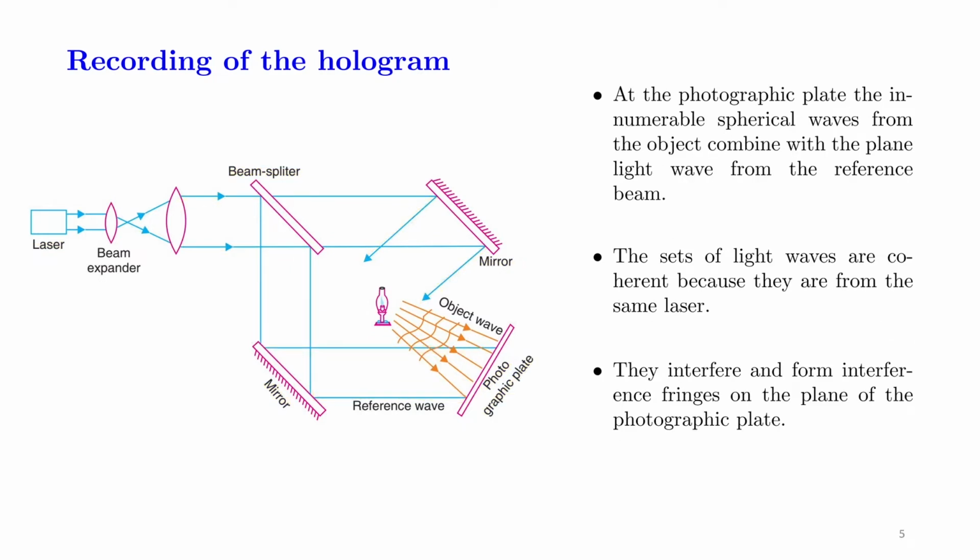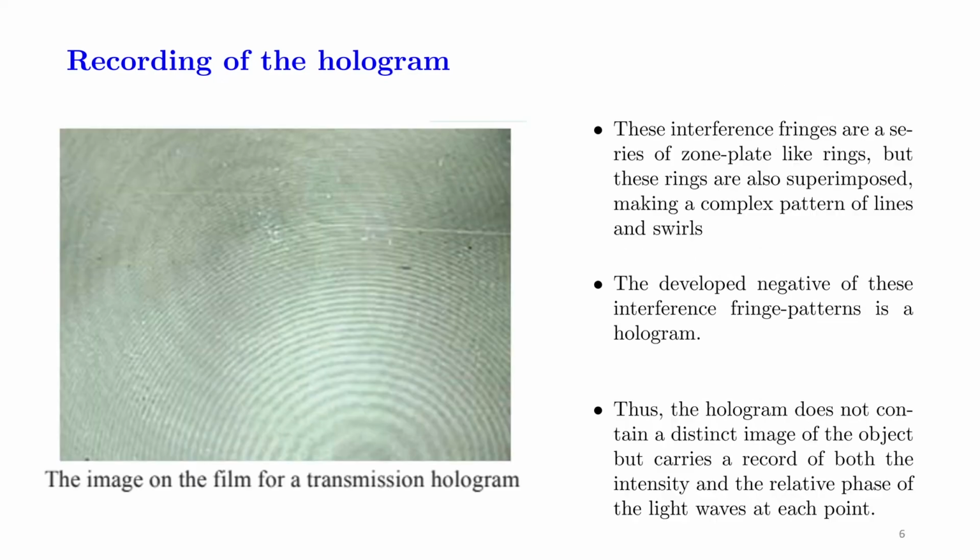At the photographic plate, all the spherical waves from the object combine with the plane light wave from the reference beam. These sets of light waves are coherent because they are from the same laser. They interfere and form interference fringes on the photographic plate. As you can see in this figure, these interference fringes are a series of zone plate-like rings.